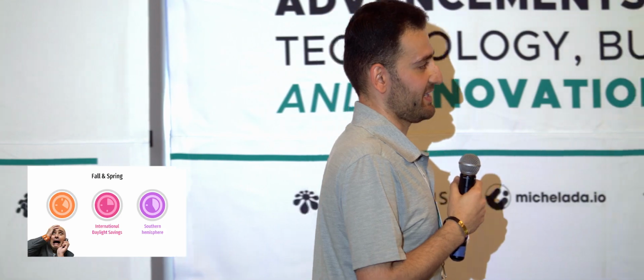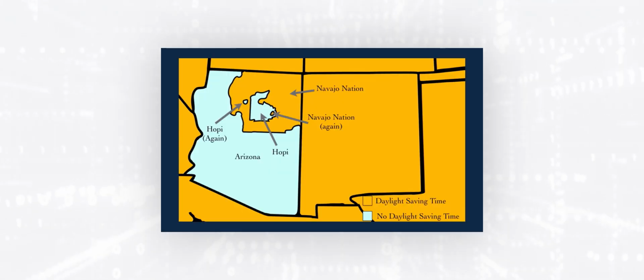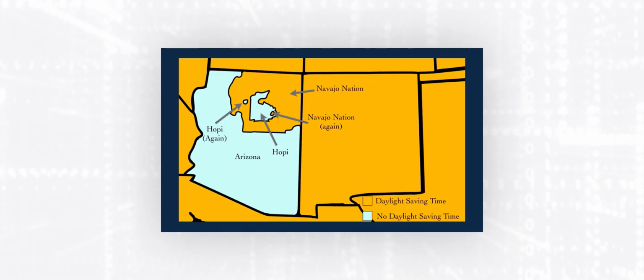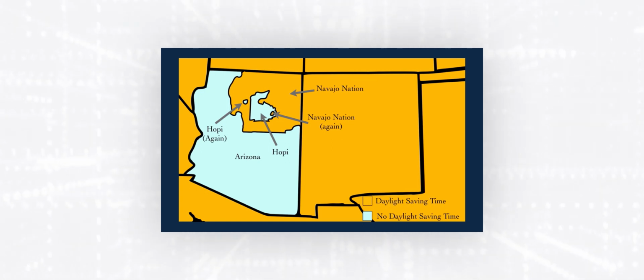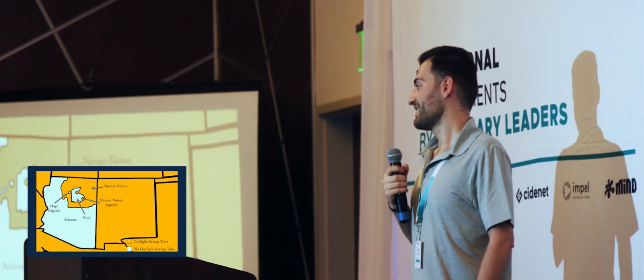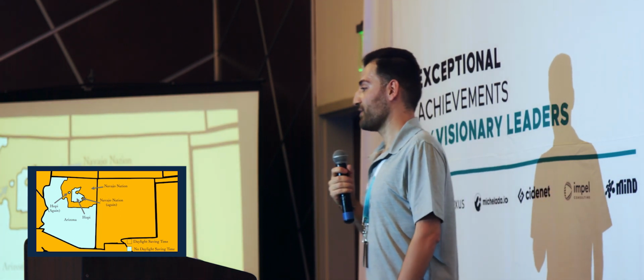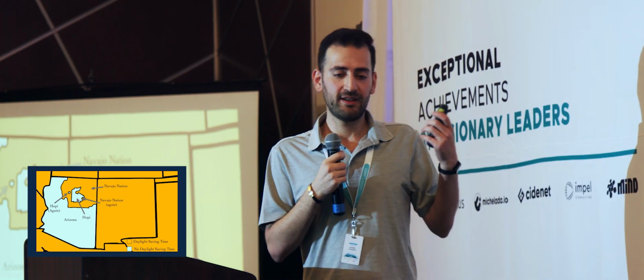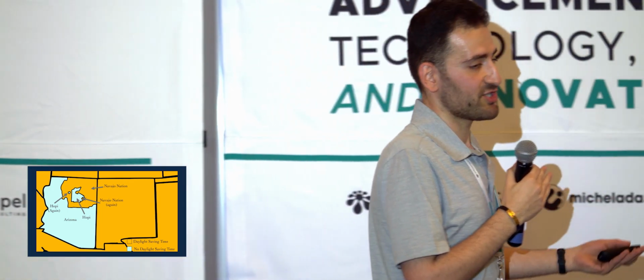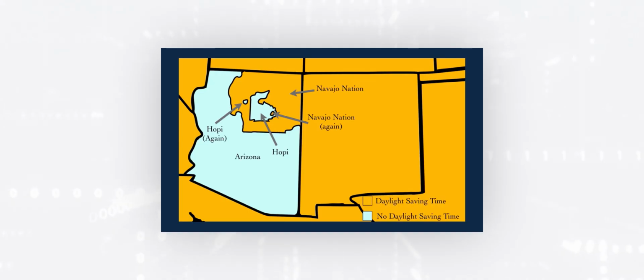It gets more complicated. For example, in the US, we got Arizona, which basically is a nightmare because even though it's in the US, they decided that they're not going to follow daylight savings. However, there are the Native American regions where they said, no, we're going to keep using it because we're working with the other states around us.